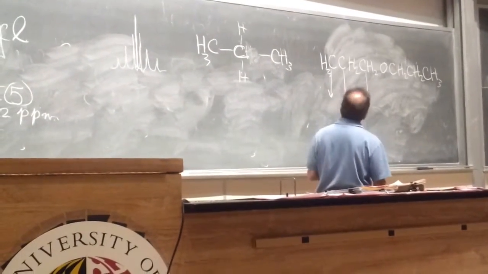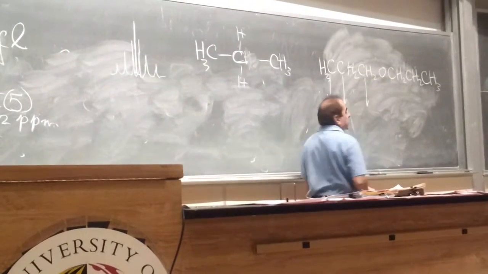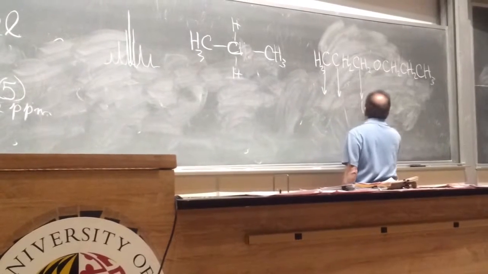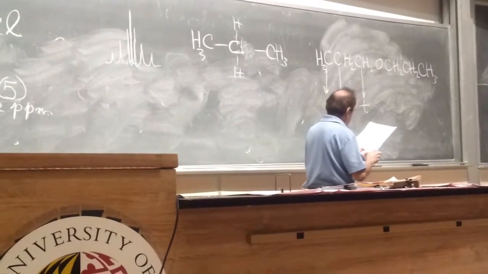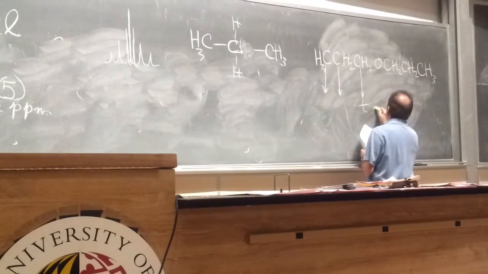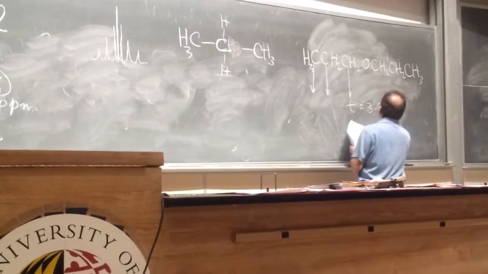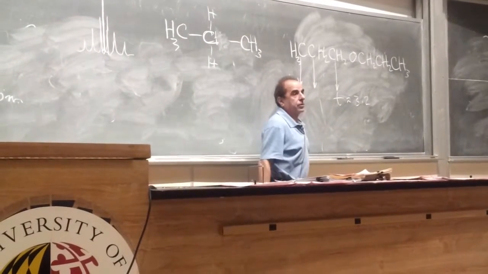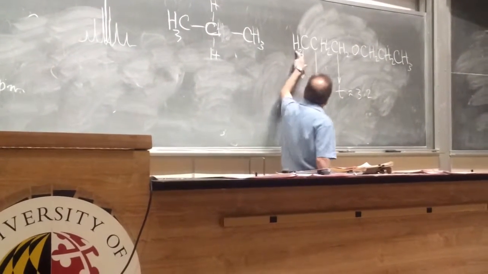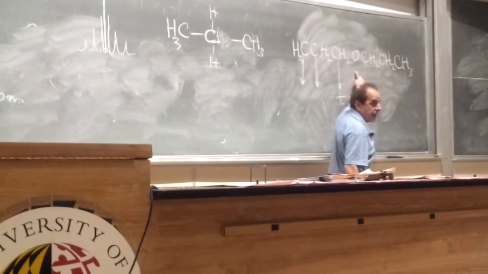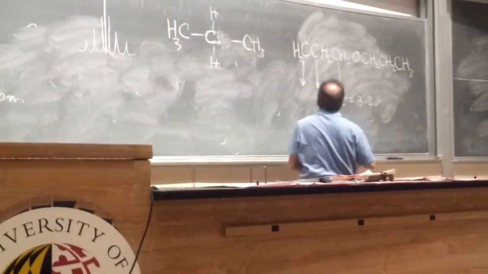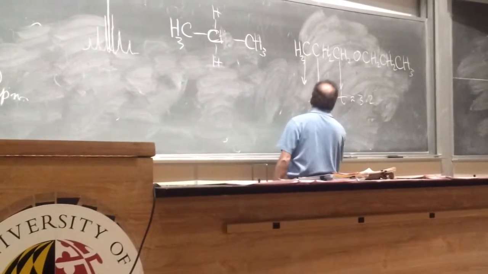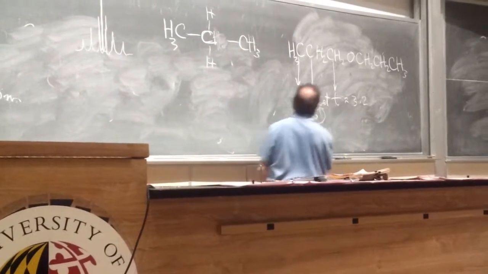Okay, so let's take a look. The most deshielded one, which is this one, should appear as what kind of signal? Triplets, right? So this would be a triplet. And it actually shows up at about 3.2 something here. And then, what about the signal in the middle, the CH2? 3 plus 2 is 5, plus 1 should show up as a sextet, which means a 6-band peak.